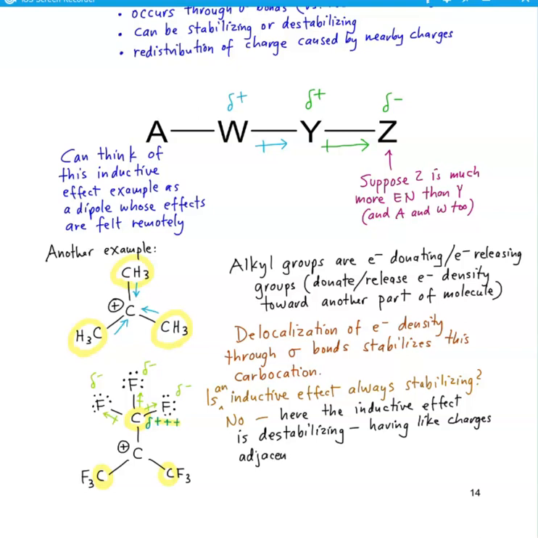So having like charges, that is the same charges adjacent to each other, is destabilizing because of the repulsion of like charges.